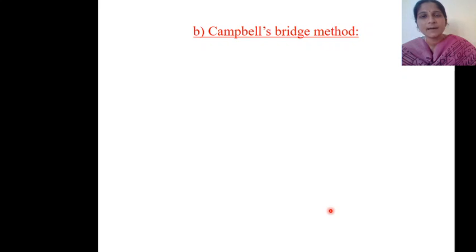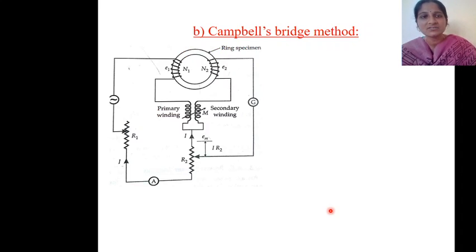Next, coming to Campbell's bridge method. This Campbell's bridge method is very efficient in finding the iron losses. It consists of two windings wound on the ring specimen, one primary winding and the other a secondary winding.